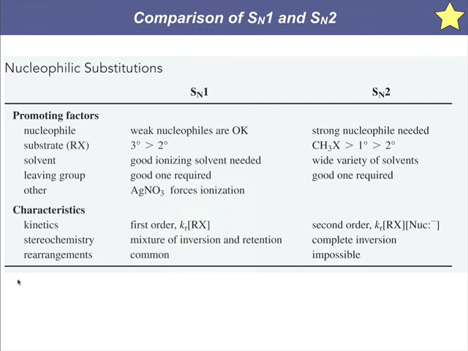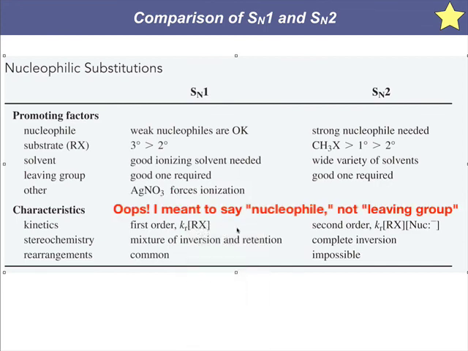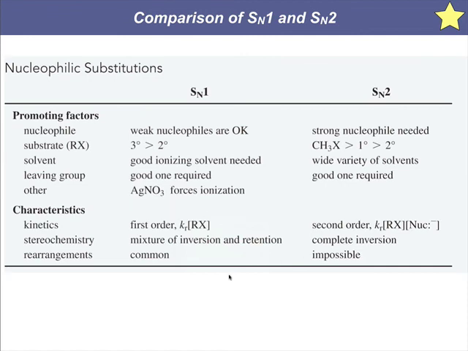For SN1, the rate limiting step is the first step, and that first step only involves the substrate. It does not involve the nucleophile. So it's first order kinetics versus second order kinetics. The stereochemistry, we get a mixture because the nucleophile can add from either side of the carbocation once the leaving group has left. In SN2, we always get inversion. In SN2, our only option is to add the nucleophile from the backside. So we will always invert our stereocenter.